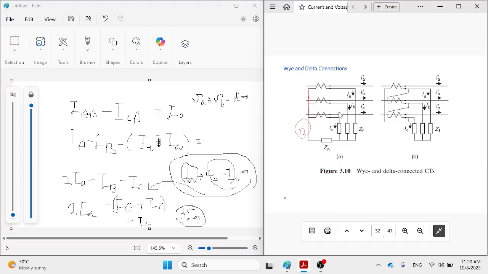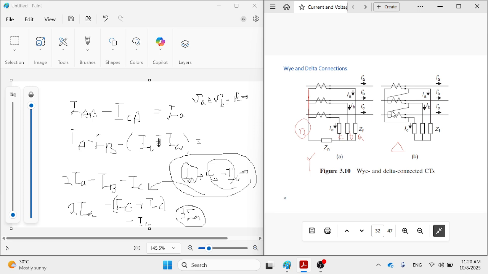And then the other side is connected to burdens, which this one is the measuring system for phase A, measuring system for phase B. This is for phase A, and this one is for phase C. Okay, and Zn is somehow a resistance to reduce the current between the neutral point and ABC, because ABC in the balanced condition is zero, but sometimes due to some faults it's not zero, so the Zn is there to control that one. This is Y connection.